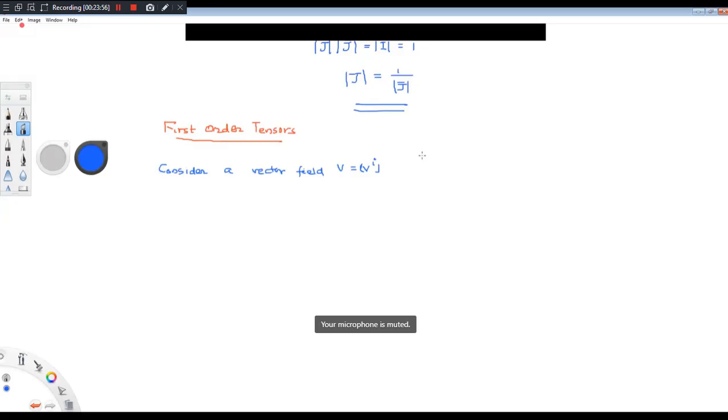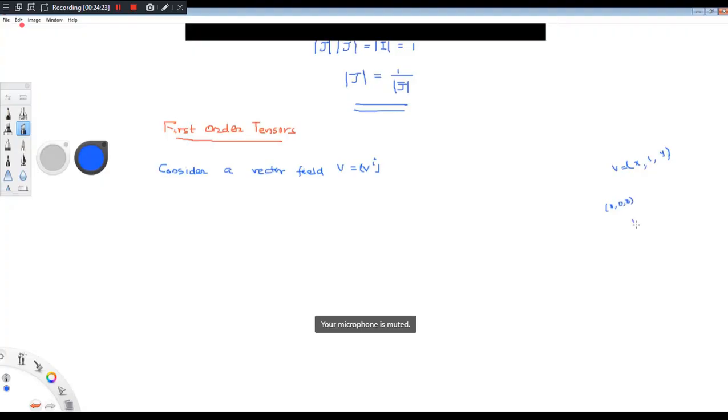For example, I am writing a vector V equal to (x, 1, y). Then the length of this vector will be different at different points. Suppose I look at the origin.